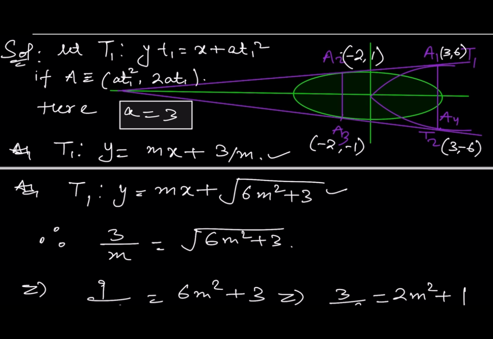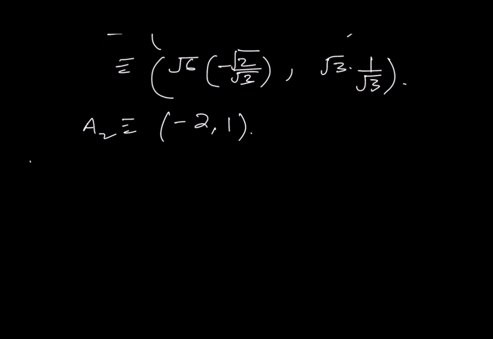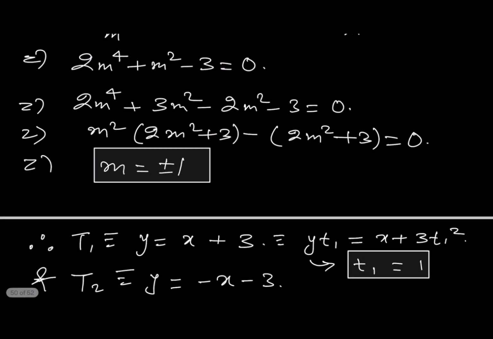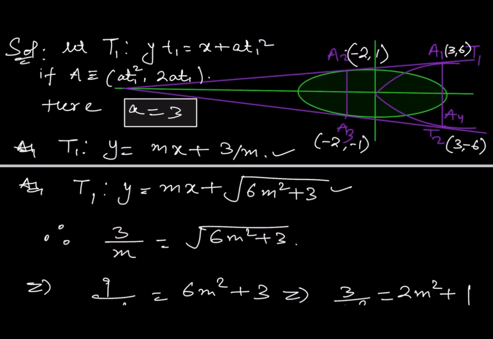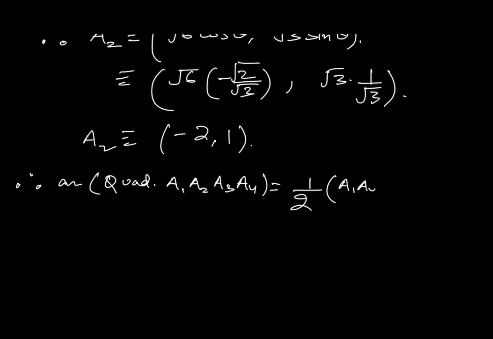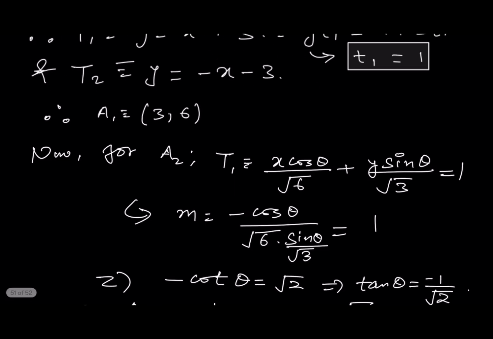So for having area of quadrilateral A1, A2, A3, A4, which is a trapezium, the area is half times sum of parallel sides into distance between the sides.